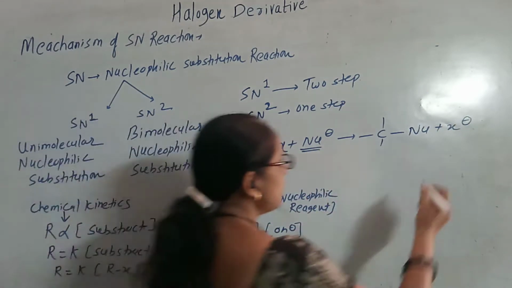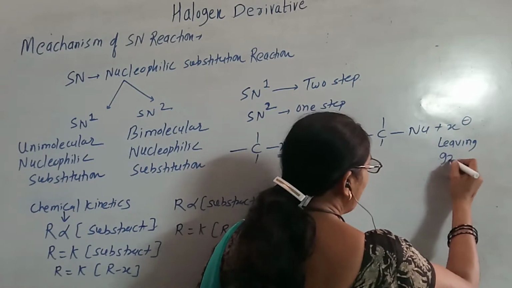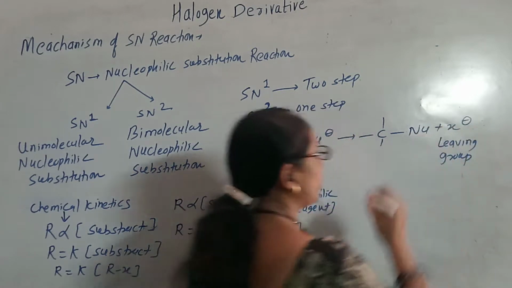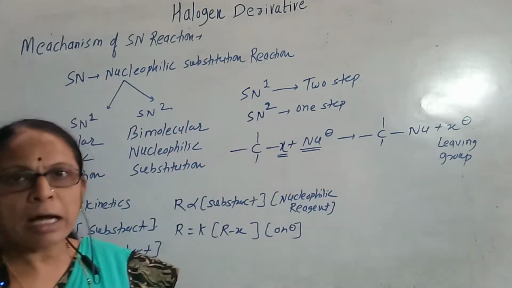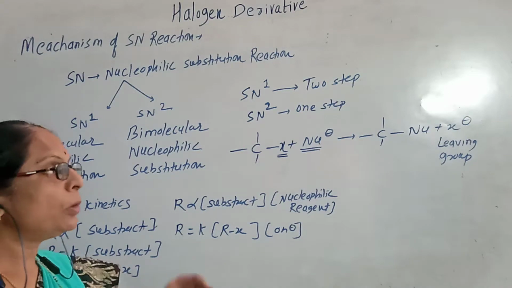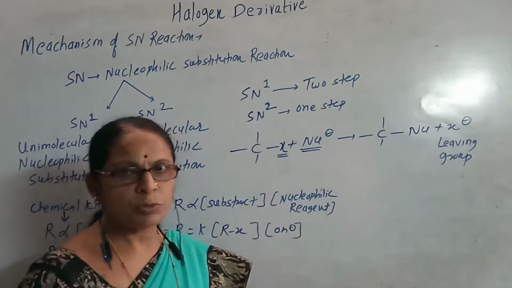The X minus that is removed is called the leaving group, and it goes with its lone pair of electrons. This is what happens in nucleophilic substitution reactions.